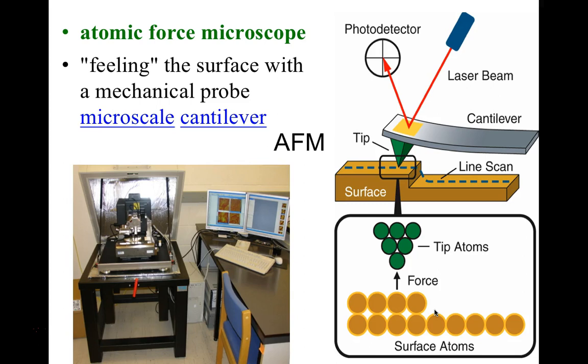So atomic force microscopes allow us to view at some of the tiniest scales ever imagined of the structure of particular specimens. And yes, AFM, or atomic force microscopes, have now been used to view biological materials as well.